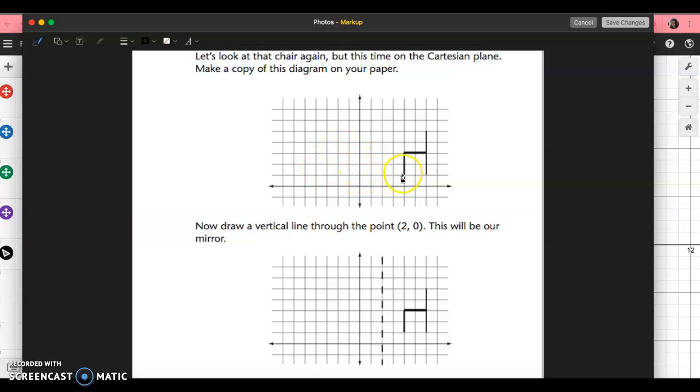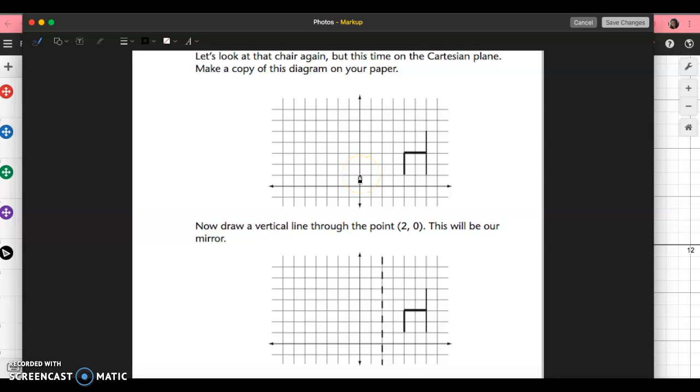Okay, so the first thing we want to do is count how many units we are away from our point of reflection. And our point of reflection is the y-axis right over here. Okay, so our first point over here is 1, 2, 3, 4 units away from our point of reflection.